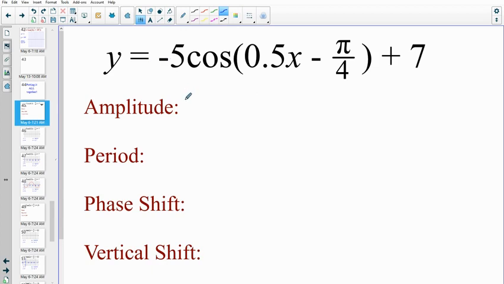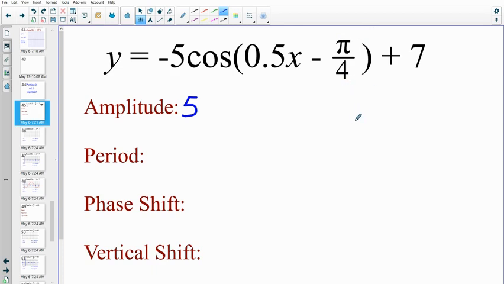Amplitude, of course, is the absolute value of the coefficient in front of that. So that is 5. The period is either 2 pi or 360 divided by this k value, since my phase shift is in radians and there's no degree symbol up here.